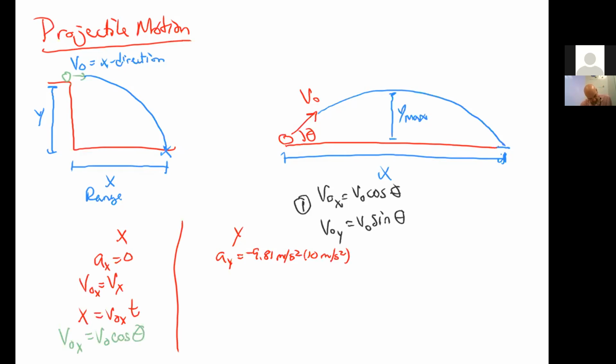Now the y direction is where you would have to keep everything in. So Vy would equal V0y minus 9.81 t, or 10 t. Vy squared would be V0y squared minus 19.6 delta y, or 20 delta y.